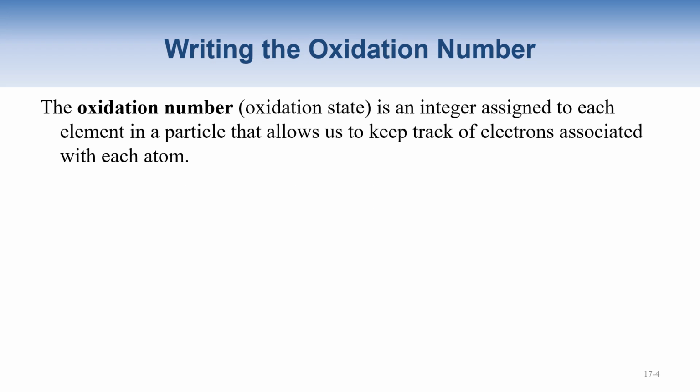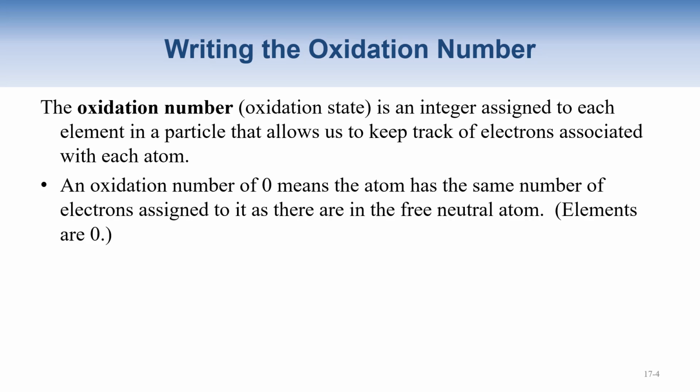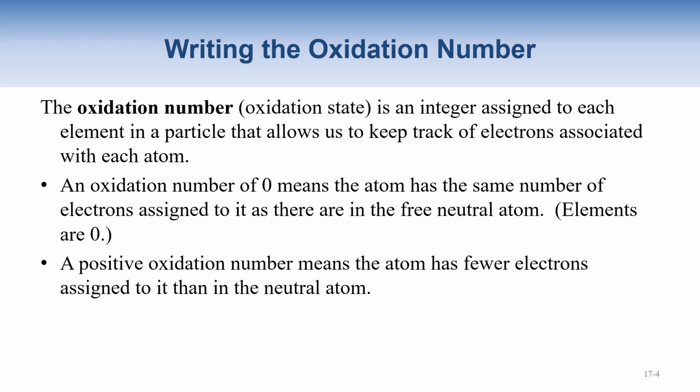The oxidation number or oxidation state is an integer that's assigned to each element in a particle that allows us to keep track of electrons associated with each atom. An oxidation number of 0 means the atom has the same number of electrons assigned to it as there are in the free neutral atom. So elements are given 0.